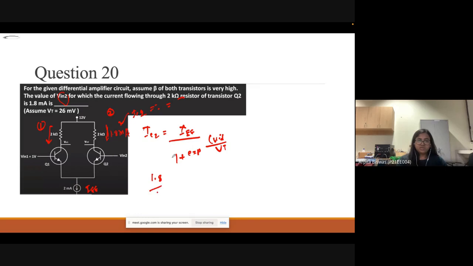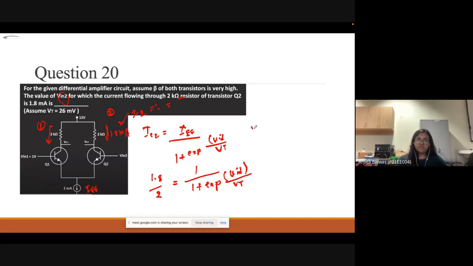So we can directly put this 2, and we can write it like 1 by 1 plus exponential VID. Here VID is V input 1 minus V input 2. Now, can you calculate the value of VID? Because all of the values are given.